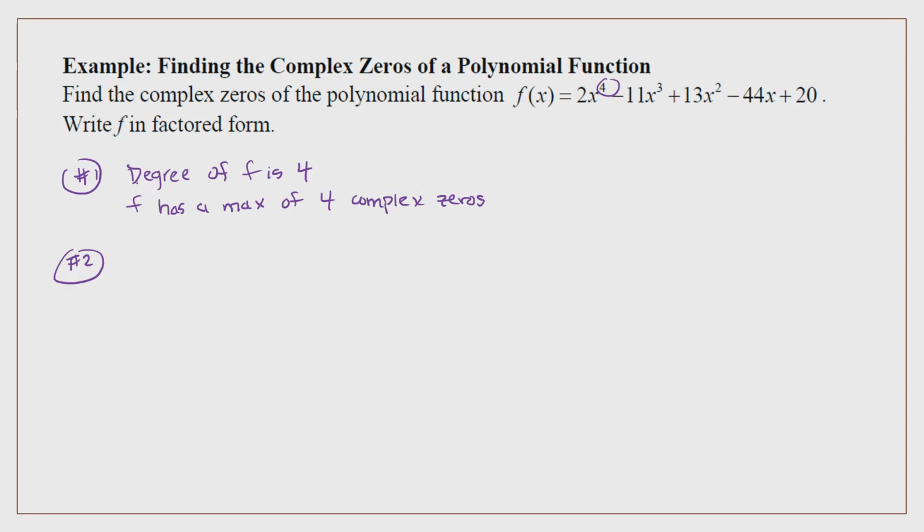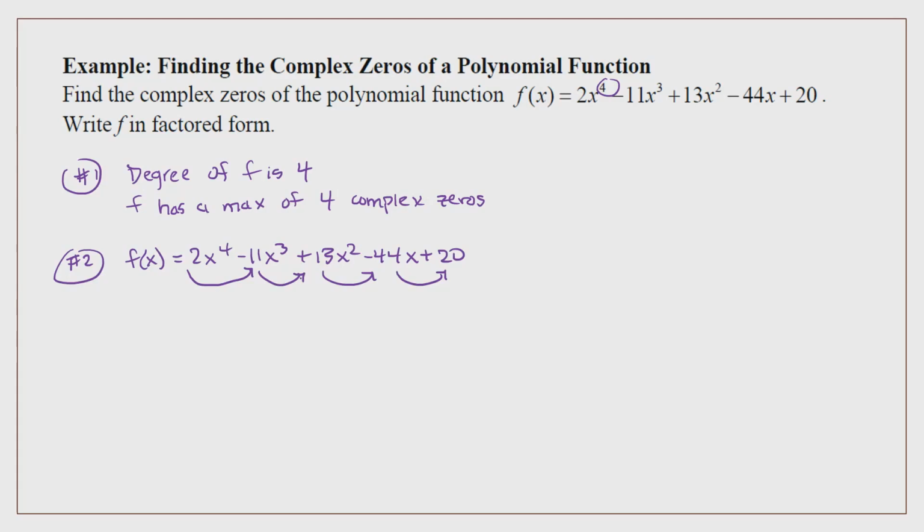Okay. So for step number 2, we now need to determine the total number of positive or negative real zeros present in this polynomial function. So for f of x, we need to determine the number of sign changes, which will give us the number of possible positive real zeros. So one sign change here, one here, one here, and one here.